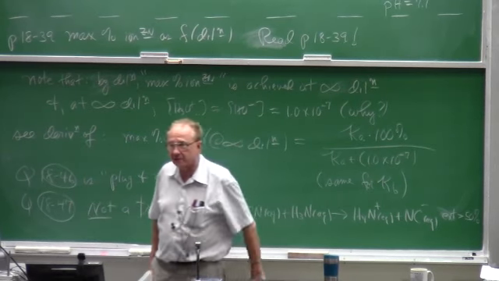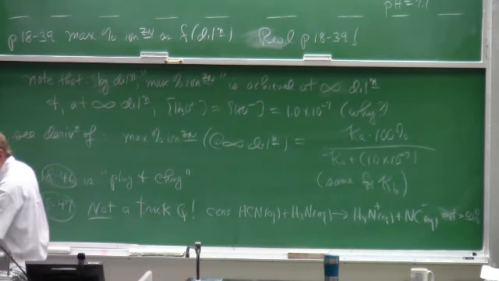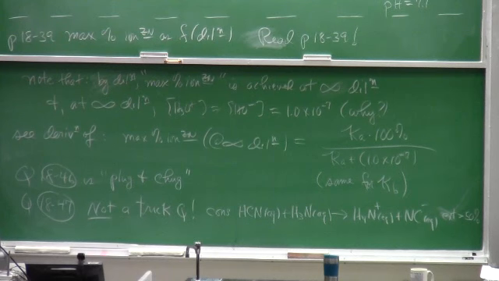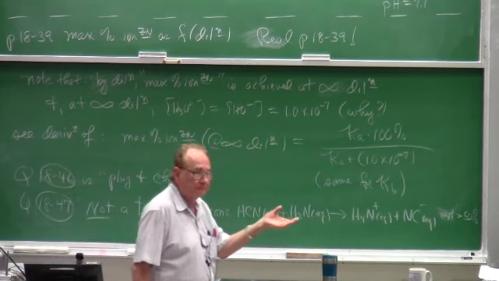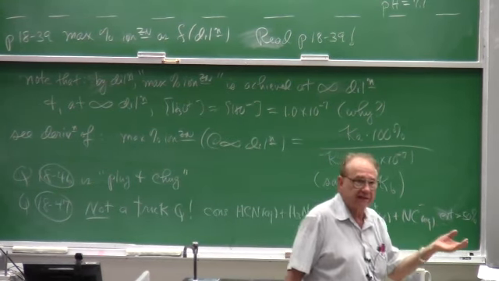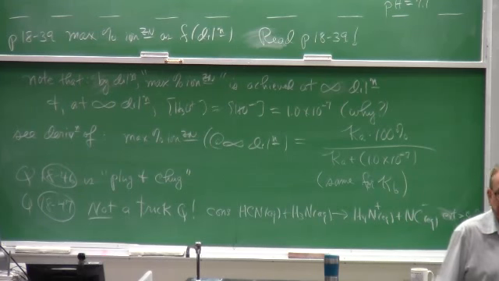For the acetic acid solution, as acetic acid ionizes, you're making hydronium ion and acetate ion. As acetate ion ionizes, you're making hydroxide ion and acetic acid.